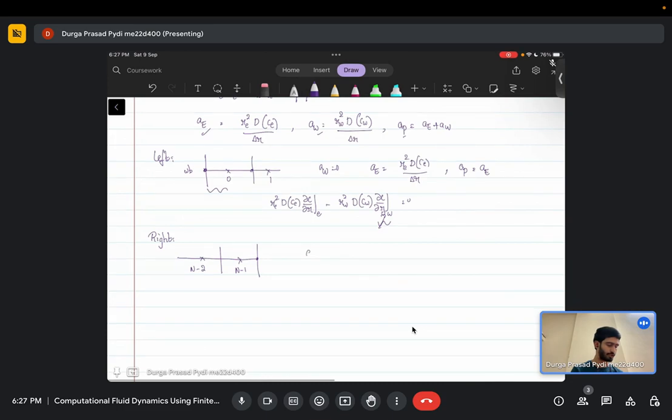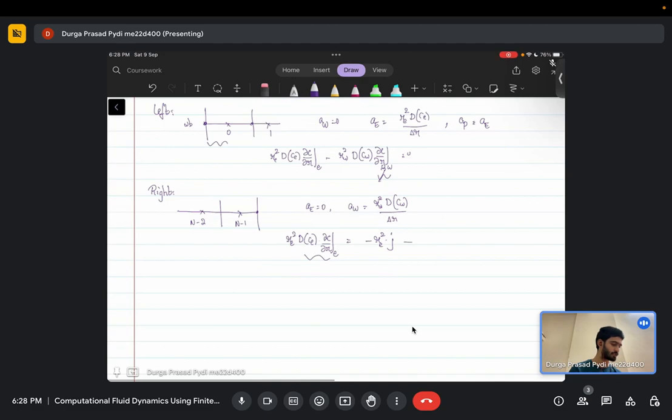On the right boundary, your A east will be 0, your A west will be the same, but your AP will now have, since your r e square times d del c del r on the east face will be essentially equal to minus r east times J. So that is the boundary condition that is specified.